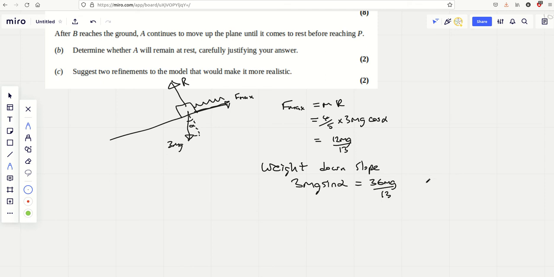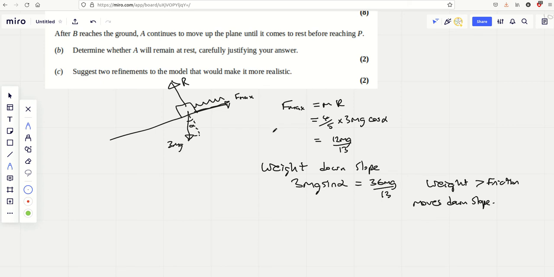And as the weight is greater than the friction, yes, it will move down the slope. I always do like to draw a second diagram out for that, though. It makes things a lot more obvious what's going on. It really does. It's really important to check that it's definitely moving down the slope.